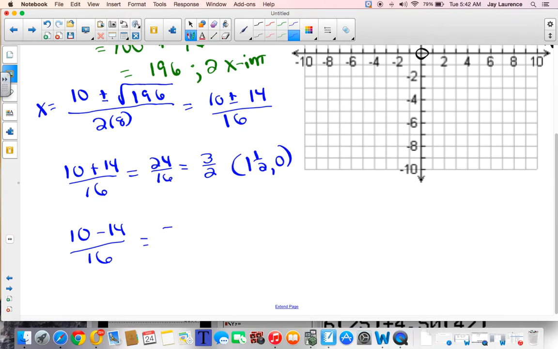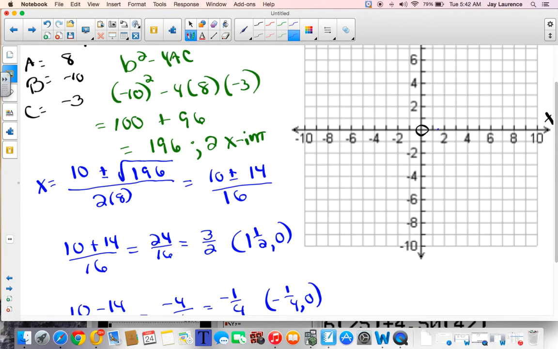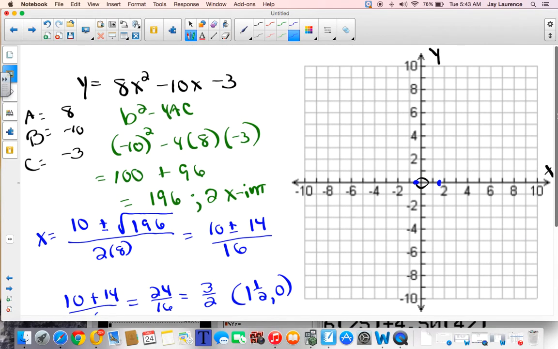Here I'm going to get negative 4 over 16, which simplifies to negative 1/4. So I'll get negative 1/4, 0. There are my two zeros, my two x-intercepts. 1 1/2, 0, which would be right about there, and negative 1/4, 0, which should be pretty close to the y-axis over there.